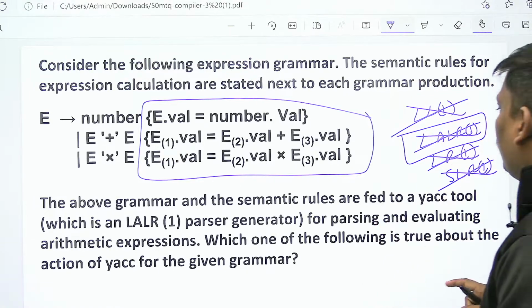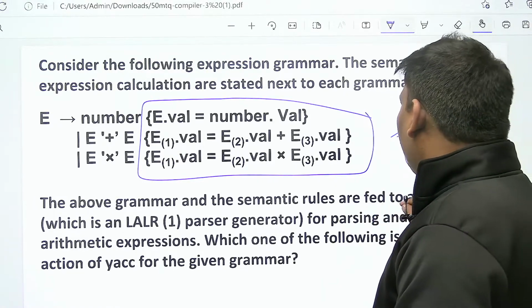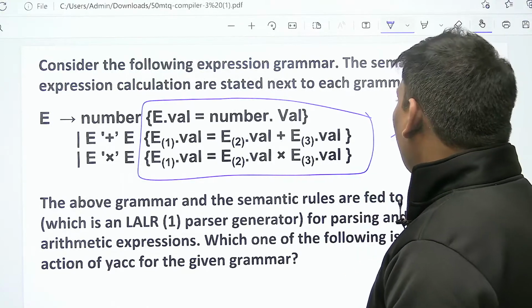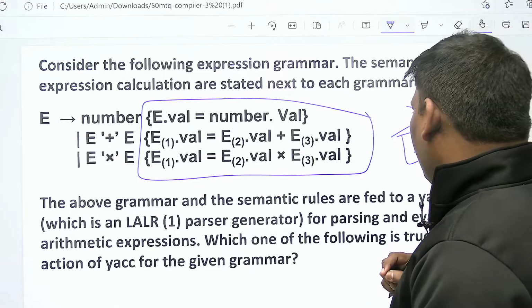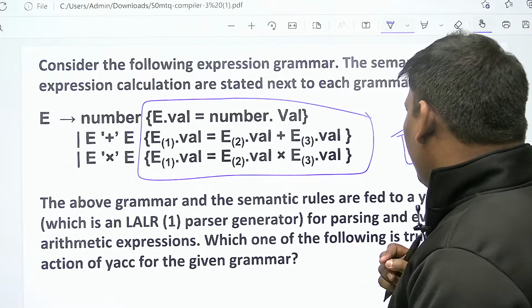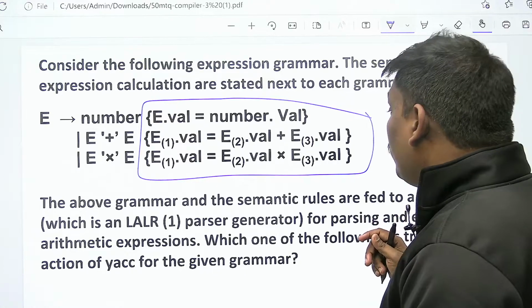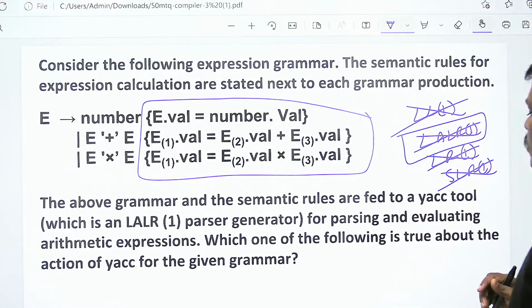It is confirmed that if you create an LALR1 parsing table for this grammar, compulsorily you will get the conflict. Some people are asking, I am okay with LALR1, but what about LR1 and LL1? Sir, why are you saying LALR1 only?